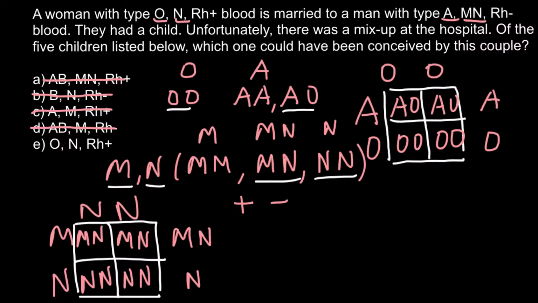Basically, why in this system, instead of letters, are we using positive and negative signs? Positive basically means that this surface protein is present on the surface of the red blood cells, and the negative sign means that this protein is absent.